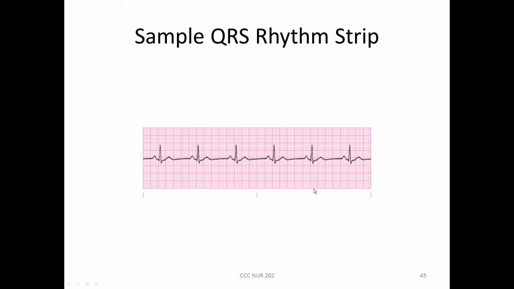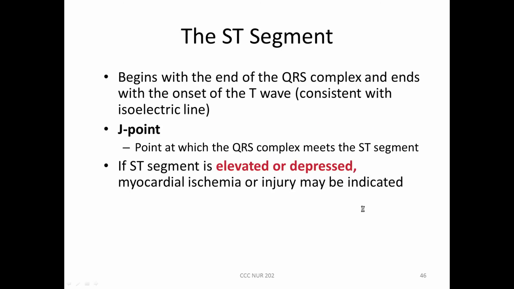Yes, they are. Normal QRS duration is 0.04 to 0.10 seconds. Okay, so measure those out, and they're within normal limits.